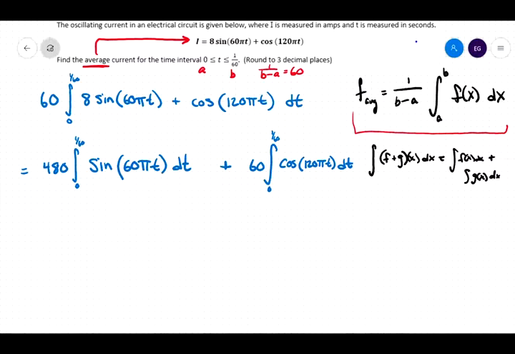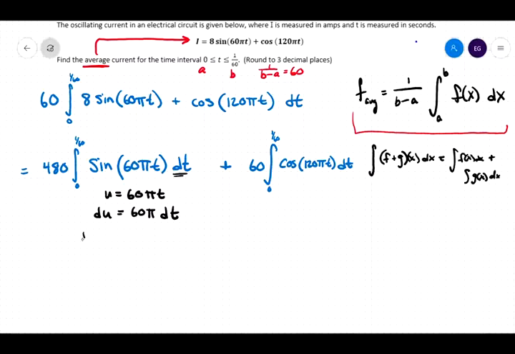Okay, looks like we could do a u substitution here. Let u equal 60 pi t. So du is equal to 60 pi dt. And we just want to substitute for dt, so let's isolate the dt.